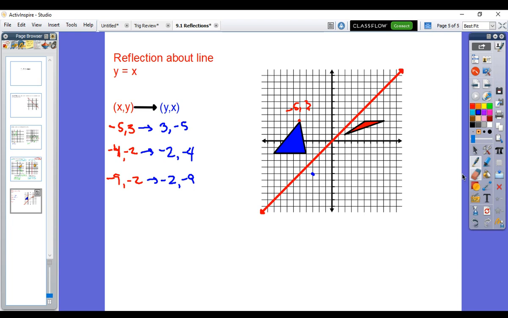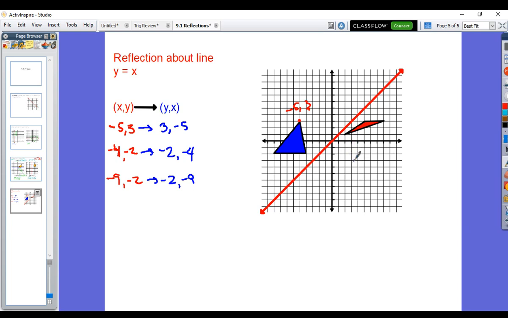It's 3, -5, so it's +3, and -5. There we go. And then -2, and then -4, right there. And then -2, -9, right there. Count 1, 2, 3, 4, 5, 6, 7, 8, 9, -9.